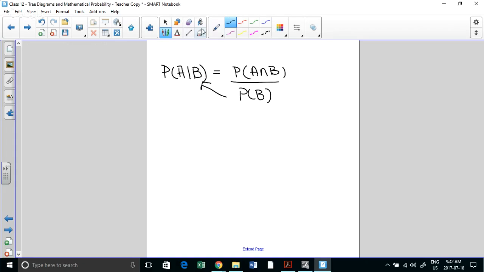If I wanted to solve for the probability of the intersection, I could just rewrite this by moving this up and saying the probability of A given B times the probability of B will give me the probability of the intersection.